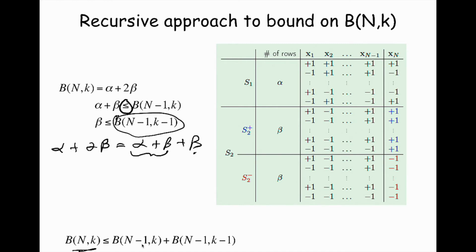So we're going to use this recurrence relation, and do a little bit of manipulation, a little bit of reasoning, and come up with an expression that we can demonstrate is polynomial. Again, this less than or equal to is on purpose because remember, this is an upper bound. And if we can show the upper bound is polynomial, we can show that B(n,k) is also polynomial.